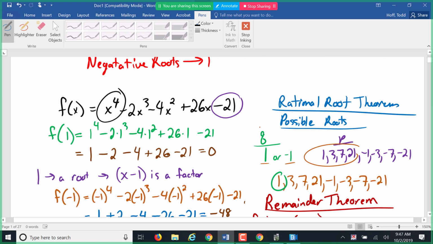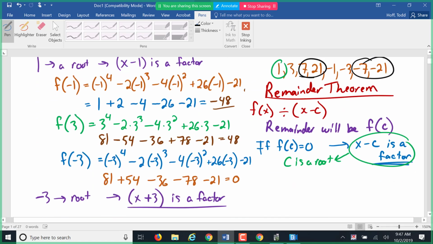Each time I divide out a root, it takes that degree down by 1. If I divide out two roots, it's going to be x squared. And that we can either factor or use the quadratic formula on. So rather than exhausting the rest of these that we haven't tested yet, 7 and 21 are big numbers anyway. I don't really want to take those to the fourth power.